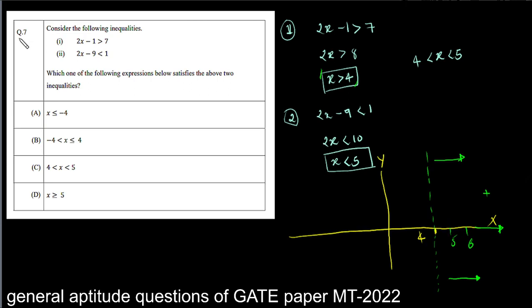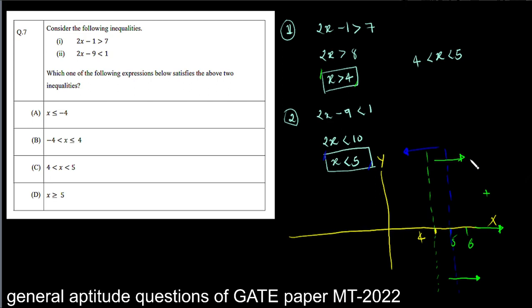Now let's use the second inequality. It says x must be less than 5. Here the 5 is here, so we can also draw a line to represent x equal to 5. This inequality says x must be less than 5, which means we move to the left, because x decreases in the left direction and increases in the rightward direction.